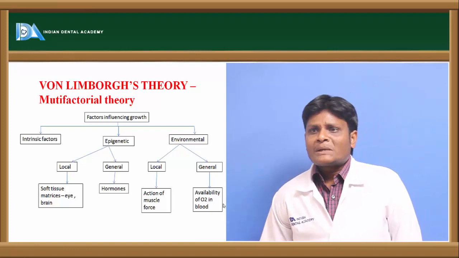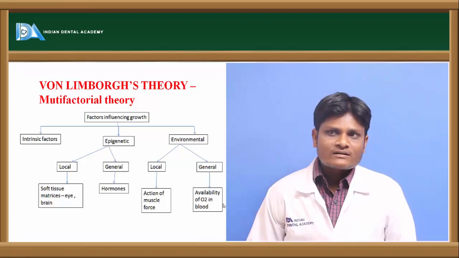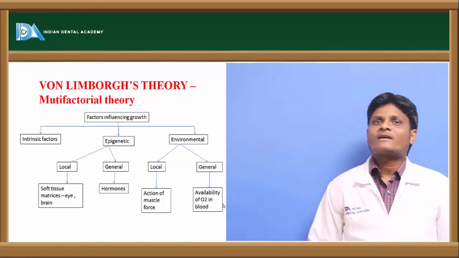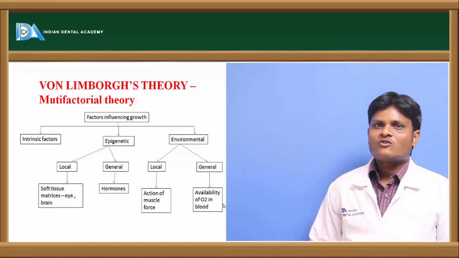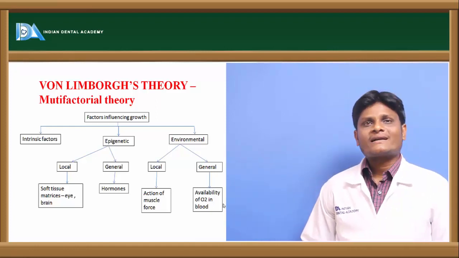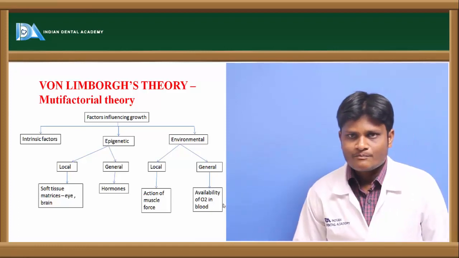Now, the environmental factors can be further classified into local environmental factors and general environmental factors. Local environmental factors include the action of muscles or tendons that are closely attached to the bone whose growth is considered.